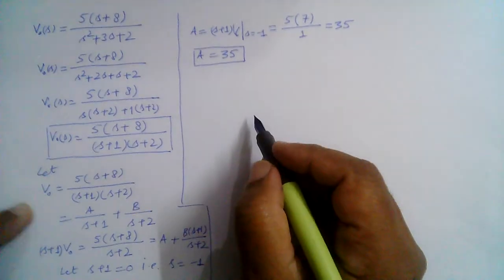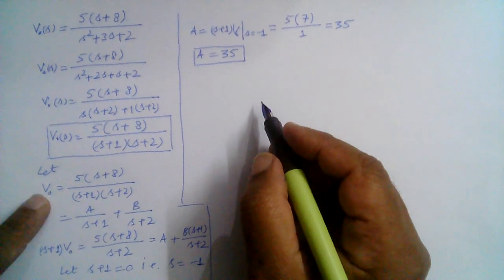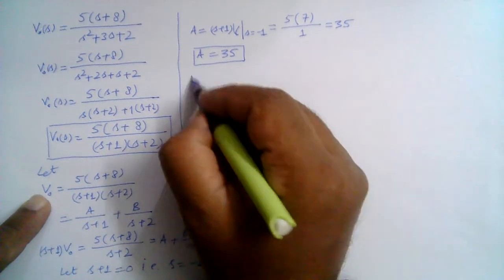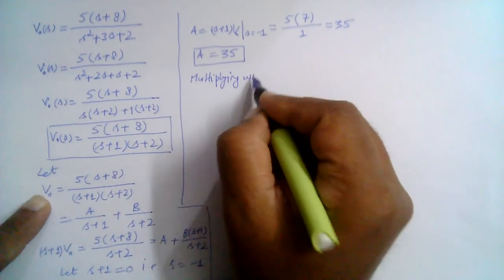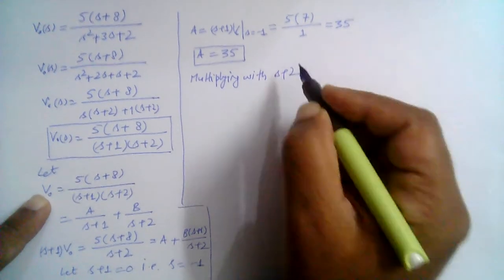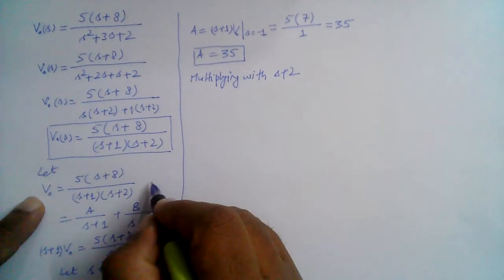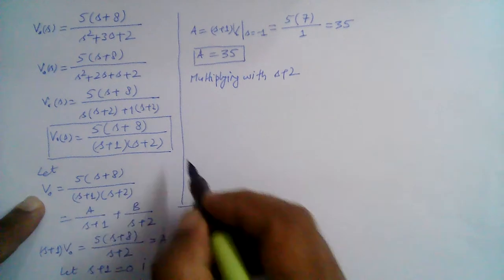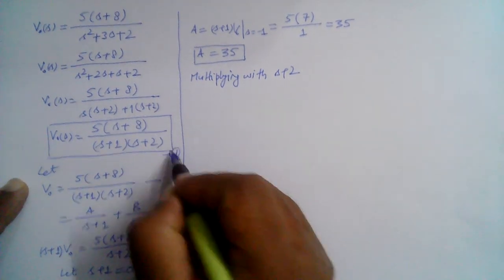Similarly, we can multiply with s plus 2. Let's call this equation 1 and this 2.